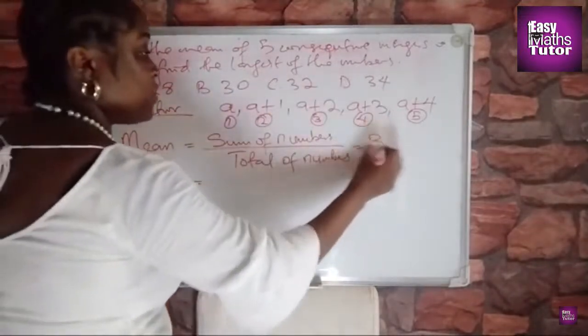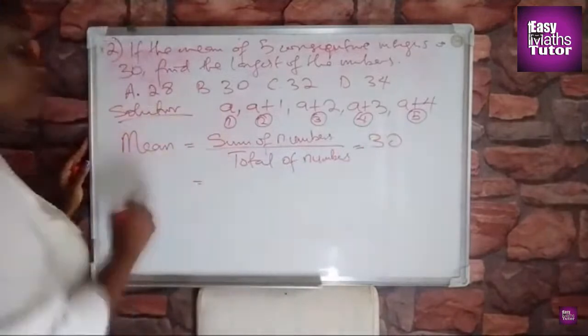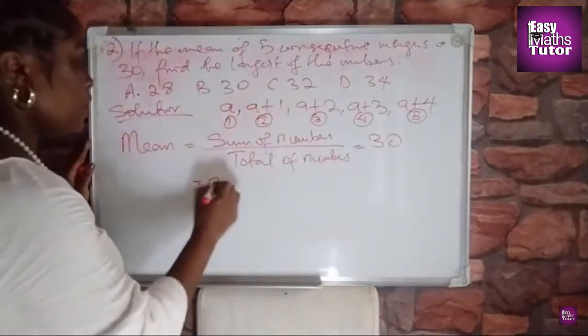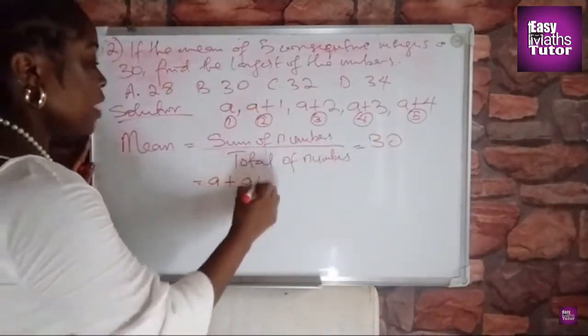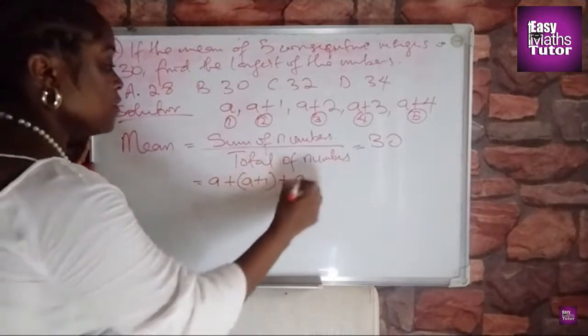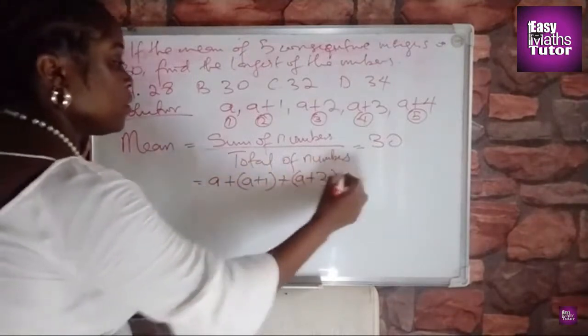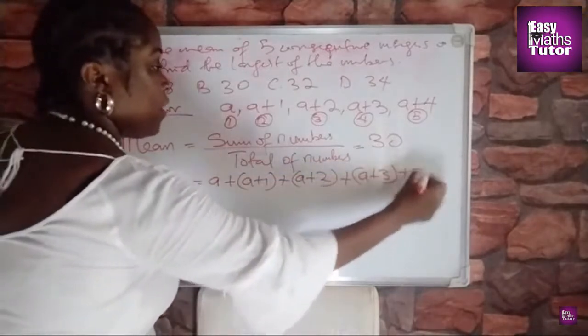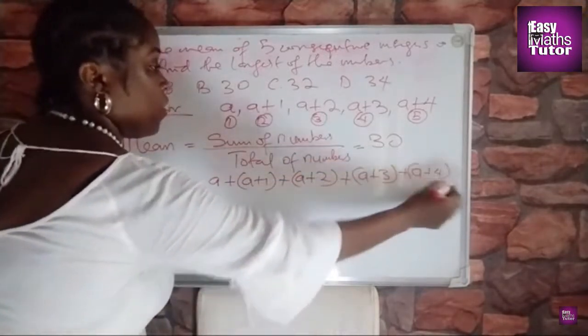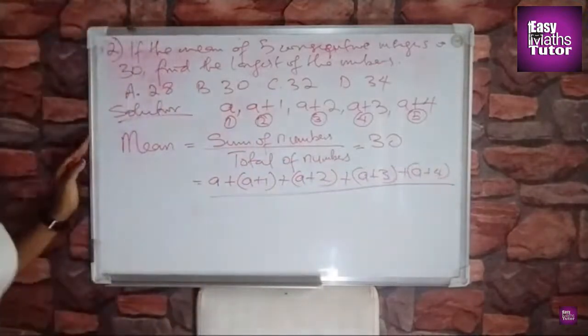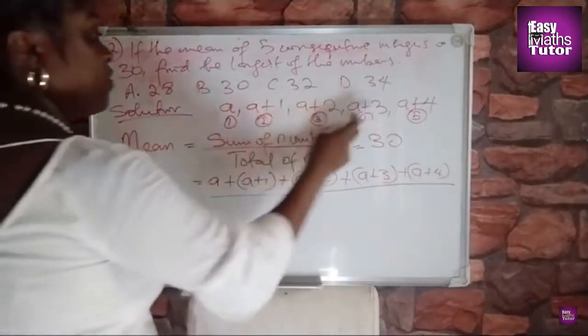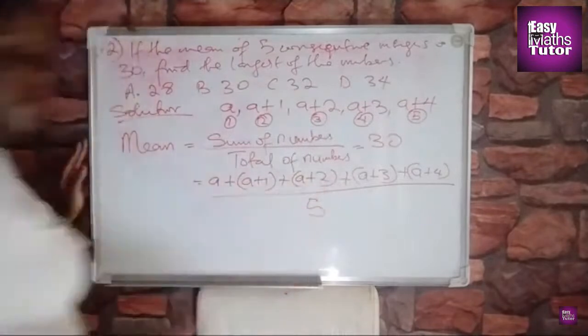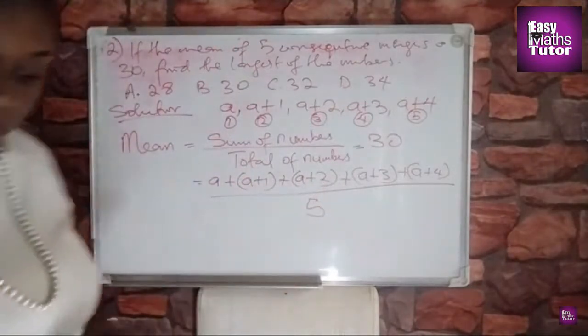Our mean is 30. So the sum of numbers will be A plus 1 plus A plus 2 plus A plus 3 plus A plus 4, all over how many numbers do we have? 1, 2, 3, 4, 5. We have 5 numbers.